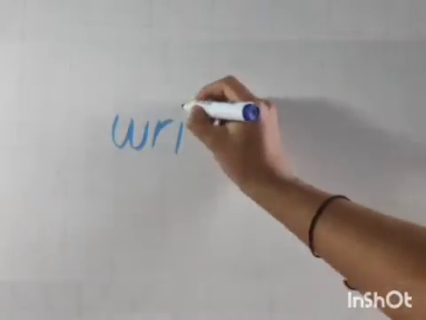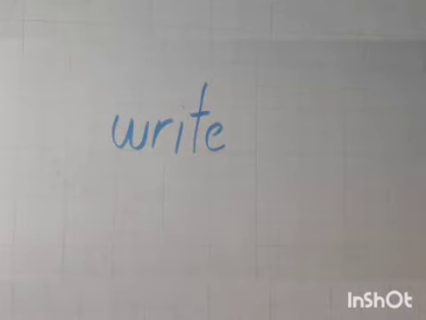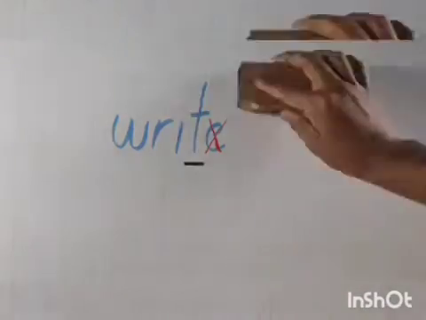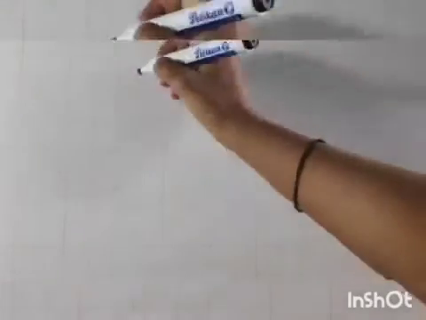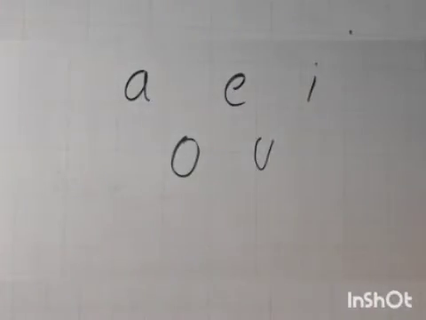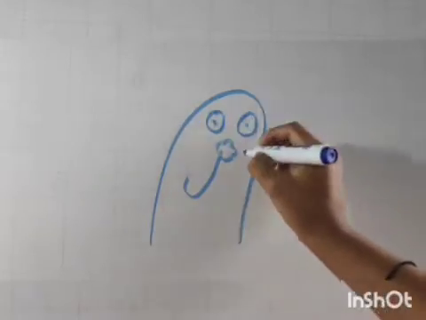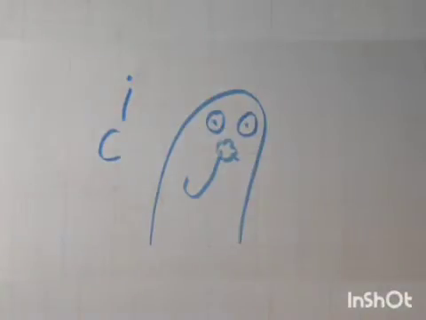As you know, in this case the E sound isn't pronounced and we just have the ending T. So in this case, vowels are not pronounced. But you will ask yourself, why are the vowels not pronounced in some cases? And we have a reason for this.